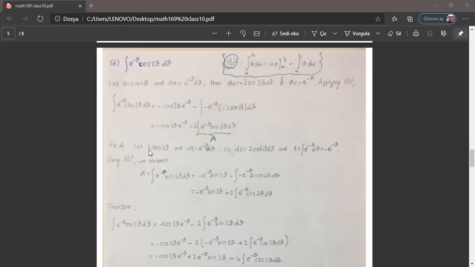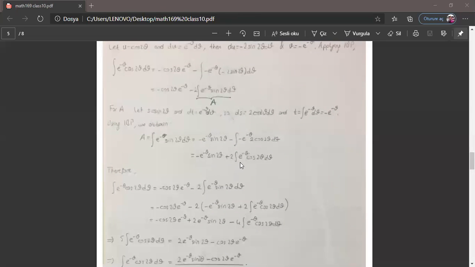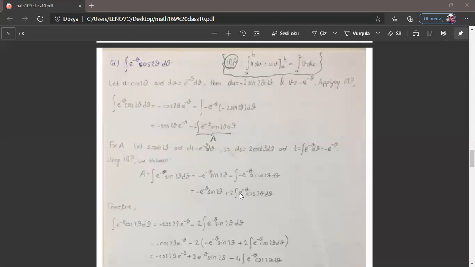So it will be s times t here minus the integral of s dt. So here we have this. Now, remember, we're given this integral as in here. And from A, we obtained something similar to that.